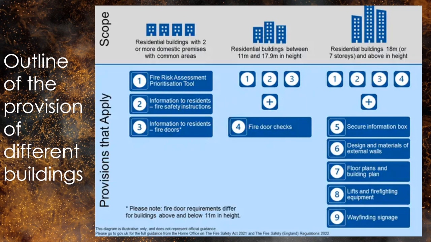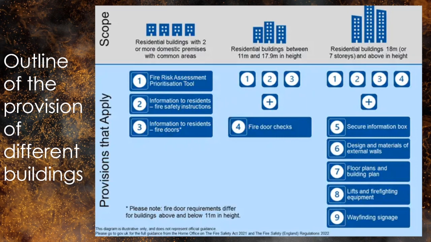Secondly, they need to provide the residents with written information on fire safety protection and procedures relating to that building. They then need to give information relating to fire doors, such as keeping them closed and no alterations, etc. For buildings over 11 metres and up to 17.9 metres, the responsible person needs to carry out those first 3 steps, but also they must carry out inspections and checks on fire doors.